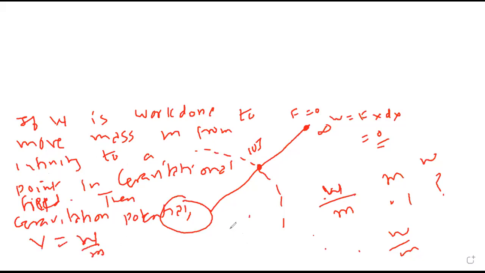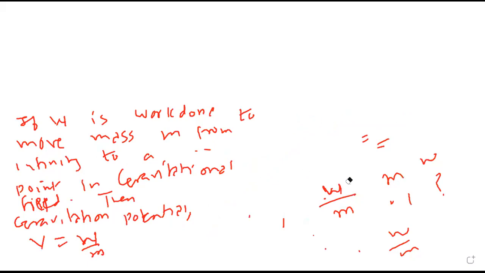Can you tell what will be its unit? Don't say volt, volt is electrical potential. What will be unit? Looking at this, can you say? Joule per kg. Yes, joule per kg. Correct.